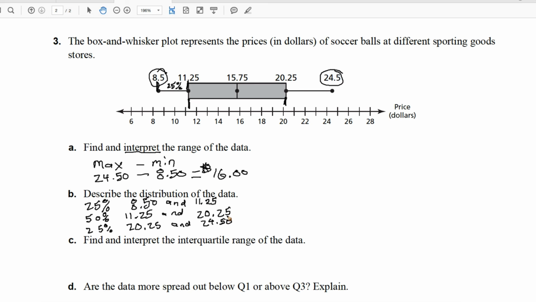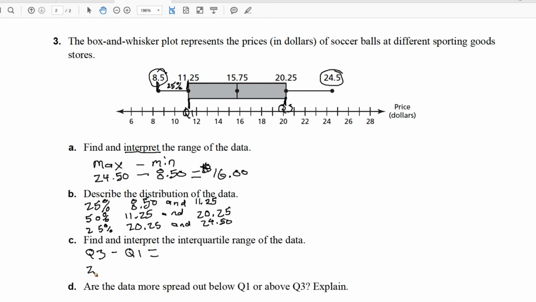Okay, find and interpret the interquartile range. Well, the interquartile range is just simply Q3, which is right here, minus Q1, which is right here. And in our case, what would that be?